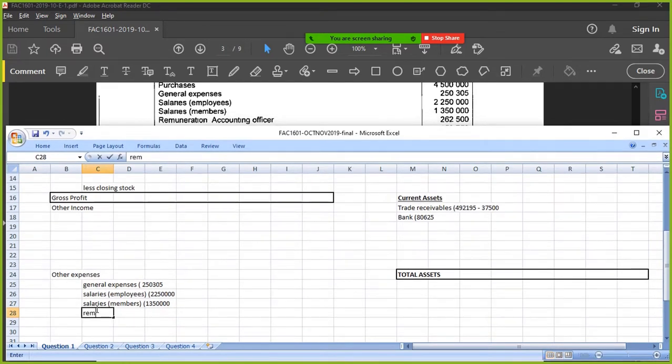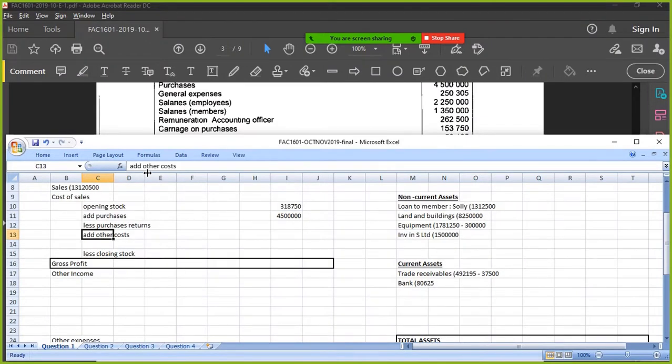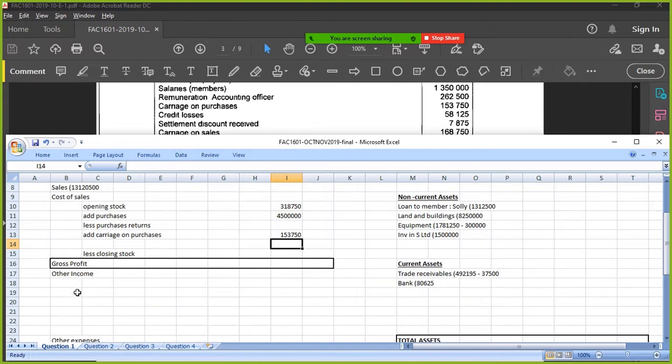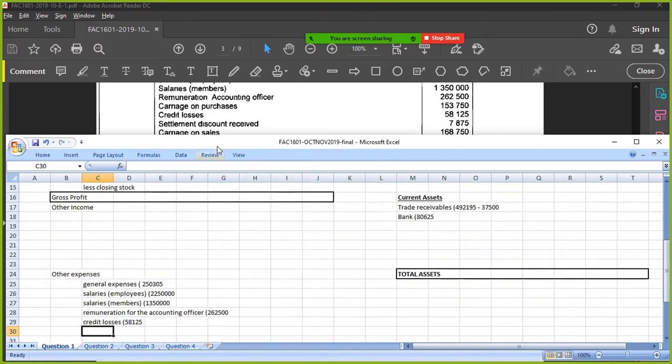Remuneration. This is special disclosure. Carriage and purchases. Credit losses. 58125.